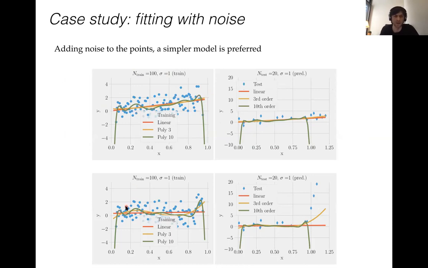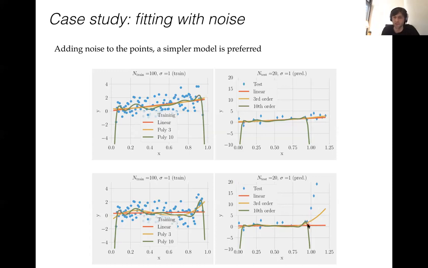But if you do that same experiment and now the true model that generated the data is a 10th order polynomial, and then we add noise again, there isn't much of a trend, so the line is pretty flat. The cubic again tries to fit a little bit of the ups and downs, and the 10th order fits a lot of the wiggles. But now when you look at testing data, even though the 10th order polynomial fit the wiggles of the training data the best, it still predicts quite poorly.